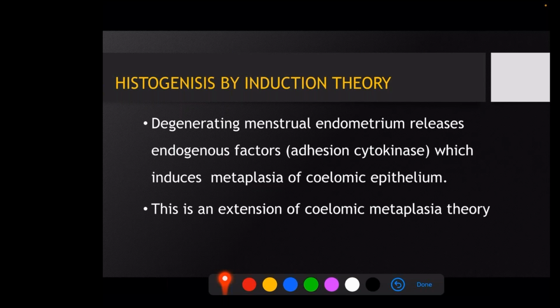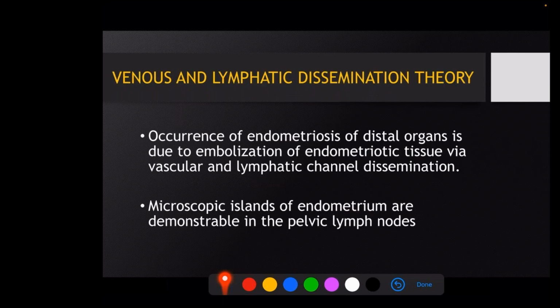Then another very good theory, the venous and lymphatic dissemination or metastatic spread theory. According to this theory, the occurrence of endometriosis of distal organs like vulva, vagina, cervix, then gastrointestinal tract, lungs and pleural cavity, then umbilicus, surgical scars, and lymph nodes, especially the pelvic lymph nodes, is due to embolization of endometriotic tissue via vascular or lymphatic channels.